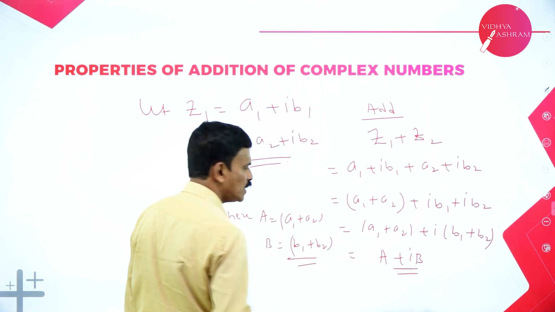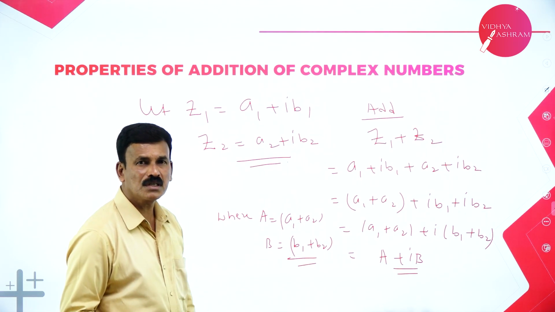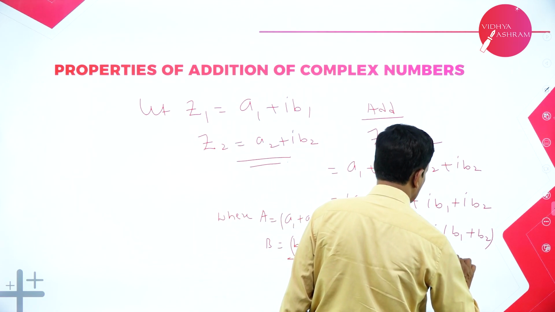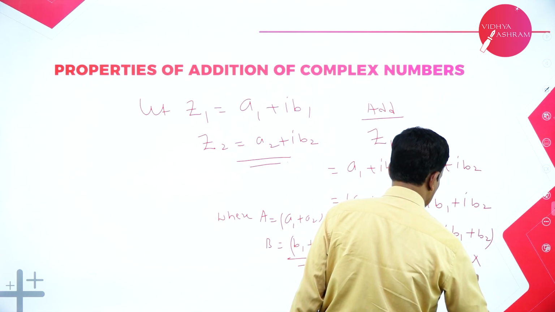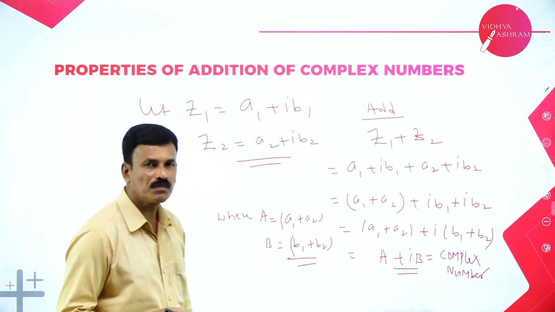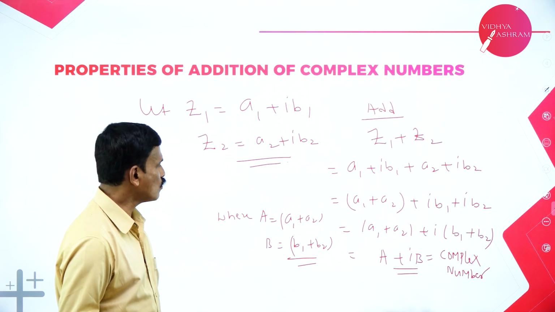That means if you add any two complex numbers, you are going to get a complex number. So addition of complex numbers gives again a complex number.